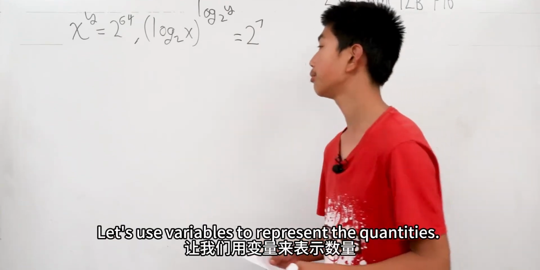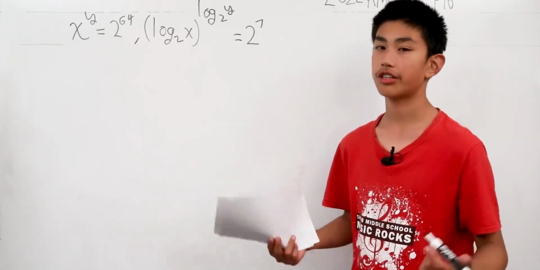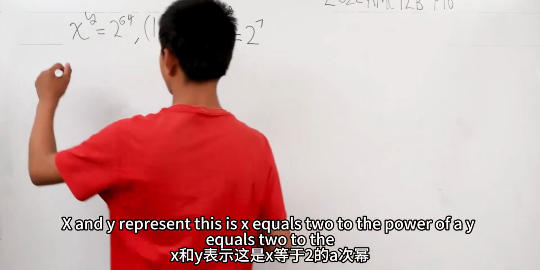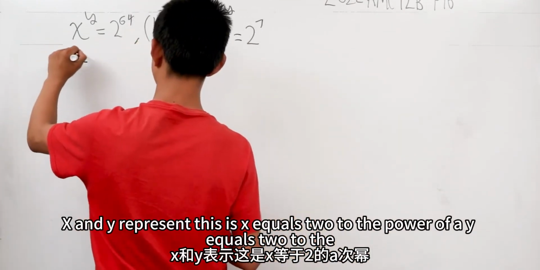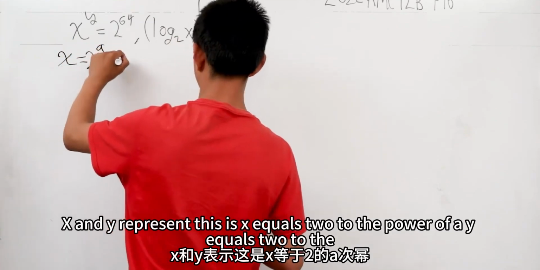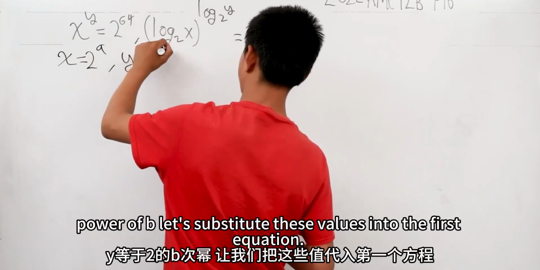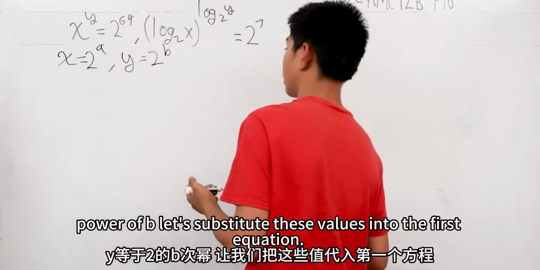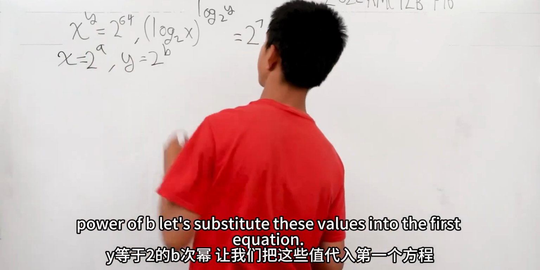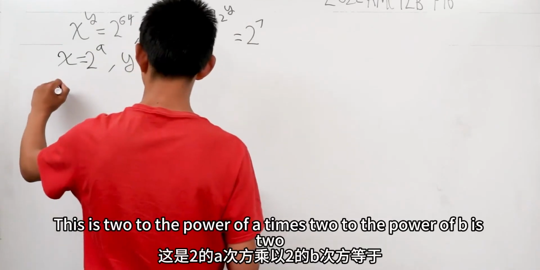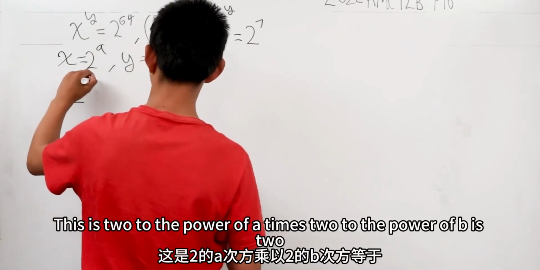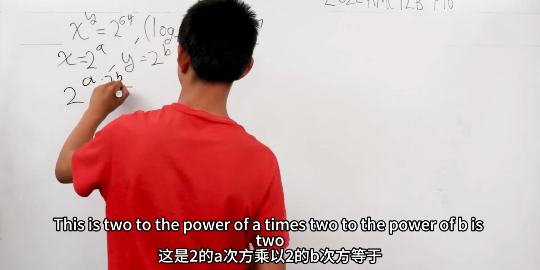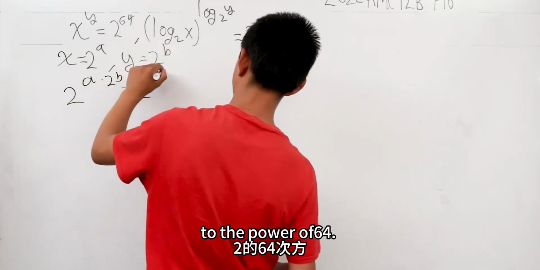So let's use variables to represent the quantities x and y represent. So x equals 2 to the power of a, y equals 2 to the power of b. Let's substitute these values into the first equation. This is 2 to the power of a times 2 to the power of b is 2 to the power of 64.